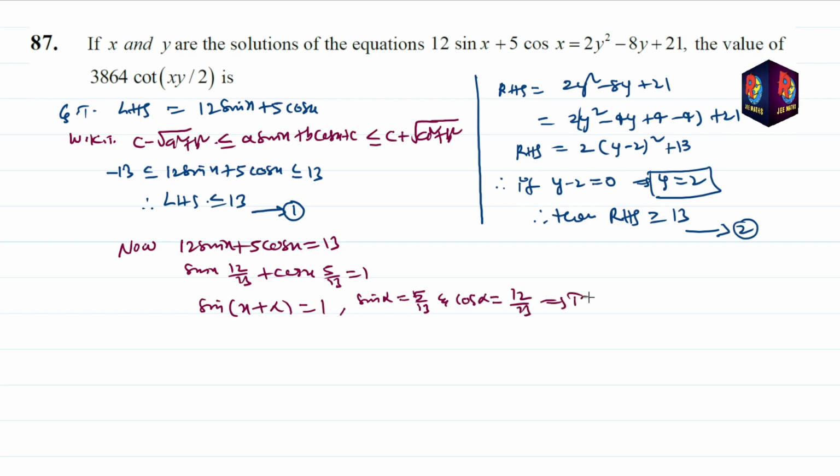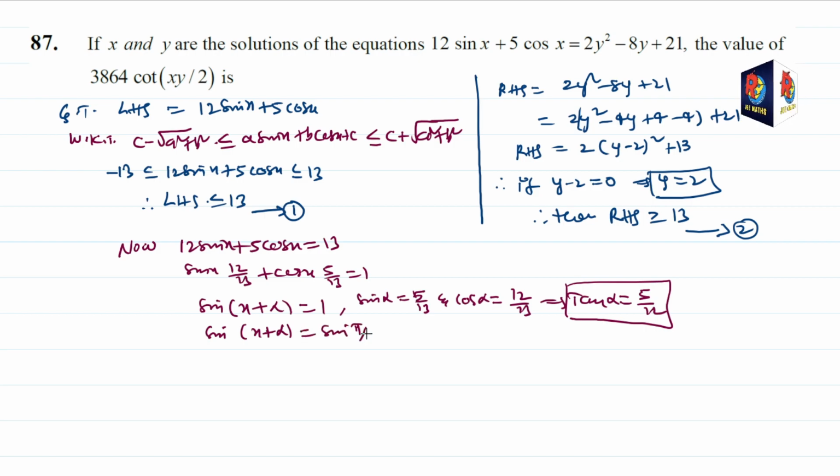Therefore, from this, tan alpha equals 5 by 12. So using that concept, sin (x plus alpha) equals sin 90, so x plus alpha equals pi by 2.